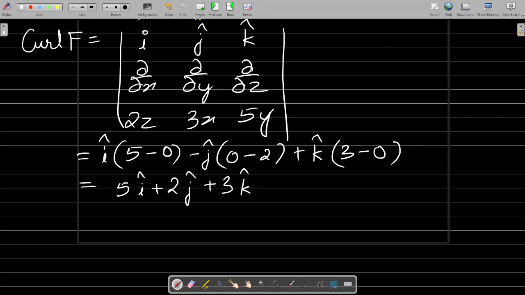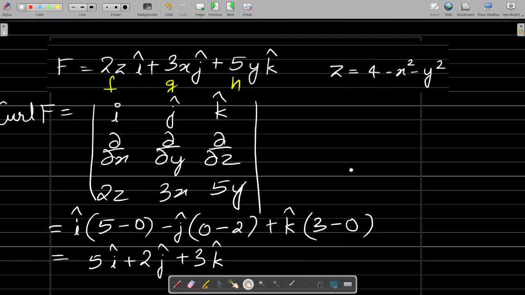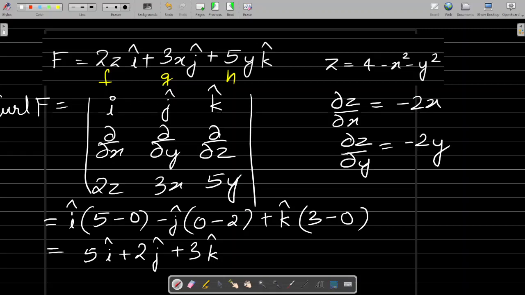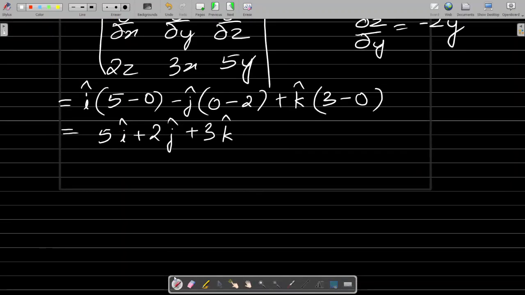Okay, and we will now evaluate ∂z/∂x and ∂z/∂y from this. So ∂z/∂x is equal to minus 2x, ∂z/∂y is equal to minus 2y. Now we know work done according to the Stokes theorem is equal to the double integral over sigma of curl f dot n dS.